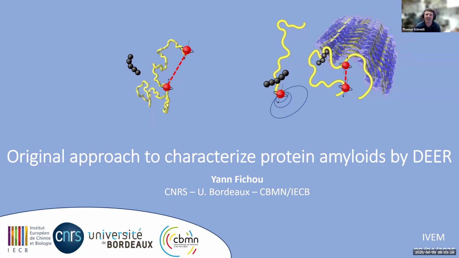So as it elongates, how does elongation have an effect on the DEER signal or the EPR? And I think Yann will talk quite a lot about all those great features and developments he has been doing by himself now. And I'm looking forward to his talk. Thank you, Yann, for giving us a talk.